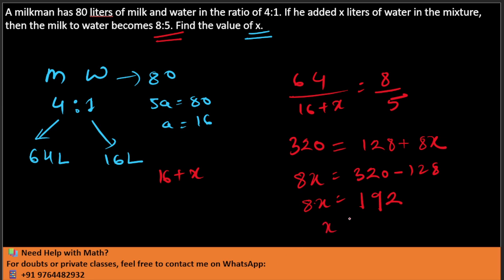So x is equal to 192 divided by 8. It will be 2 times and 4 times, right? So the value of x is 24 liter, right? So the value of x we got 24 liter. All right.